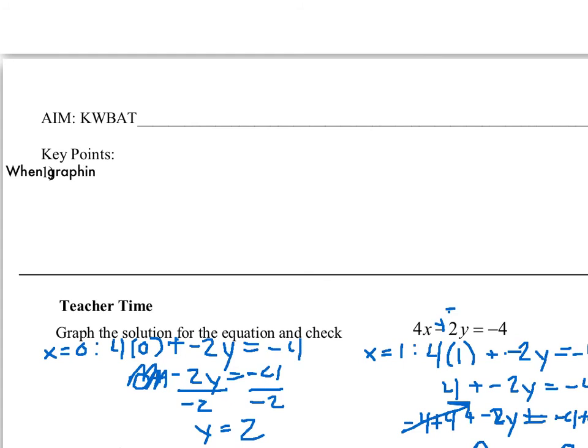I'm just going to give you a sentence starter. When graphing standard form equations, Manuel, what do you think? Plug in 0 for x and chug.